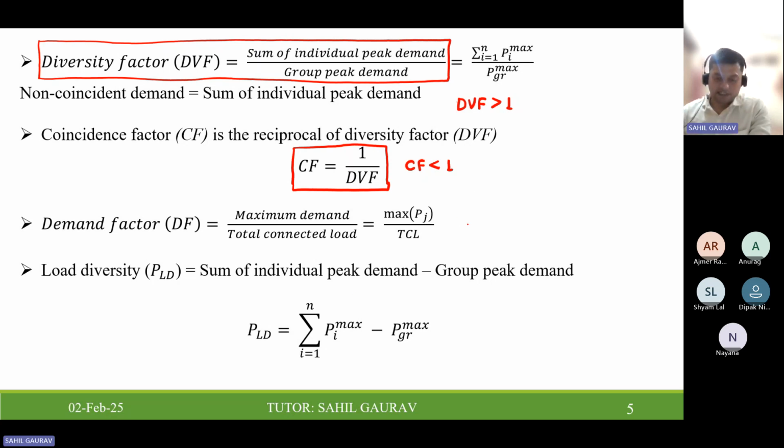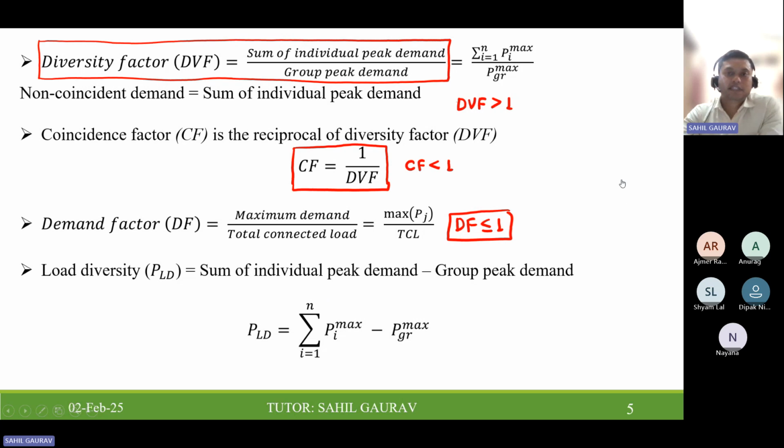And this demand factor is always less than or equal to 1. Now another expression is the load diversity.